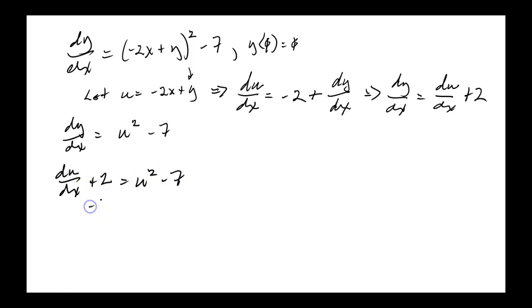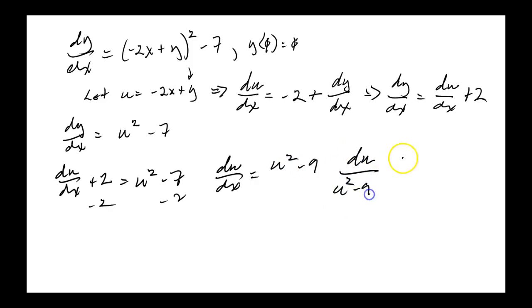Well, let's subtract 2 from both sides, and you have du/dx is equal to u squared minus 9. This is separable. Multiply both sides by dx and divide by u squared minus 9, and you get du over u squared minus 9 is equal to dx.